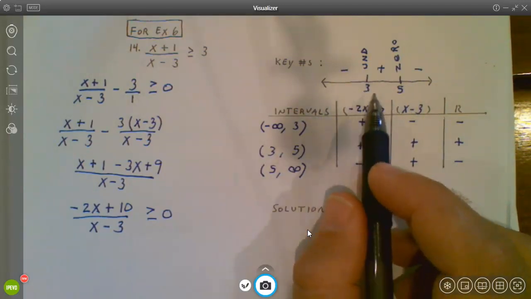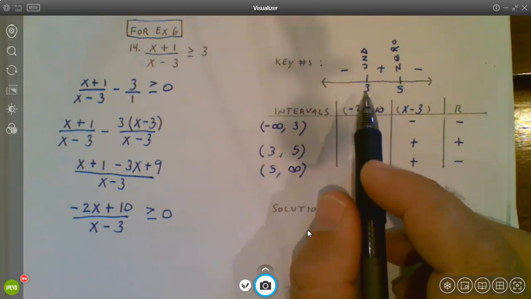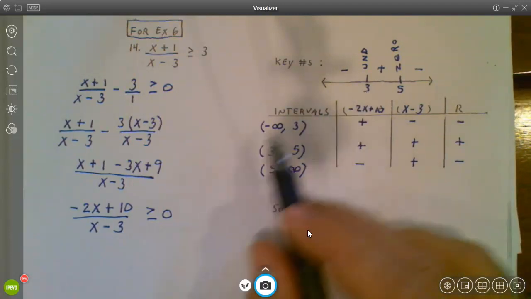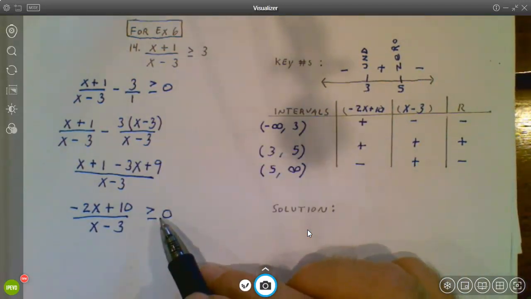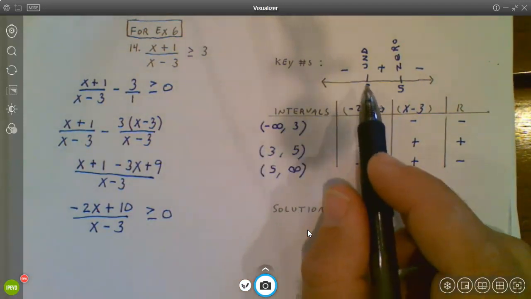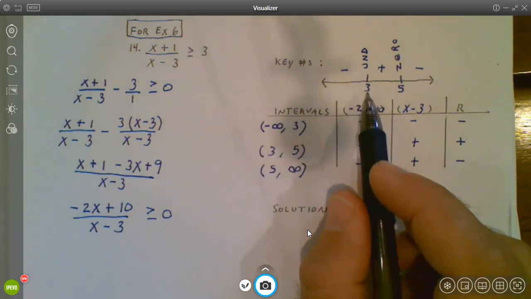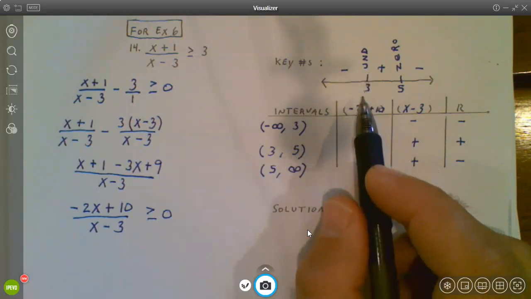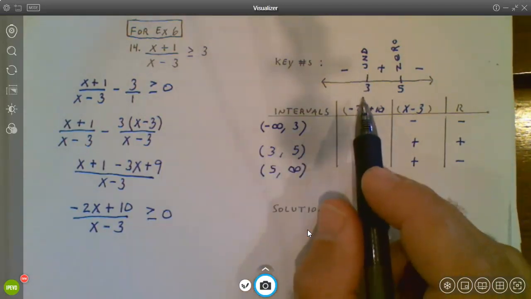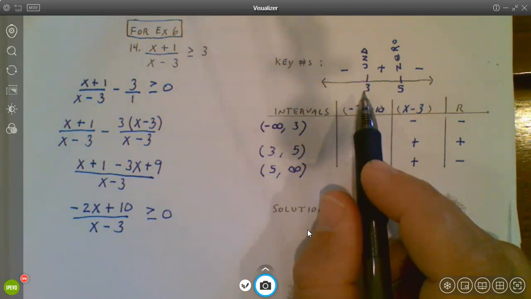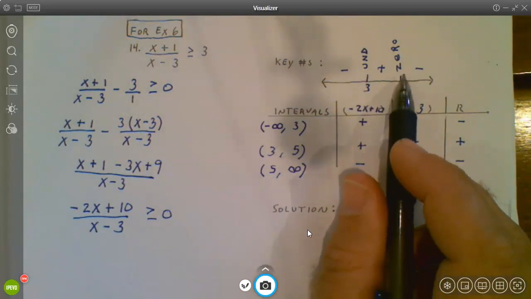This guy doesn't even exist on the graph. It's undefined. So he cannot come with a bracket. Even though there's an equal sign, no point on this graph equals a value at x is 3, right? He's an undefined point. So it doesn't matter that there's an equal sign. He's undefined. He doesn't exist. He does not get a bracket. He gets the bracket because he's a 0.